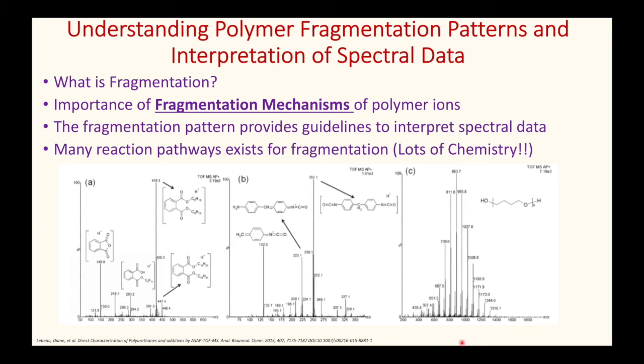So, here are a couple examples demonstrating the fragmentation patterns of various structures. And there's a couple things that I want you to recognize here. So this is the molecular ion. This is the heaviest ion for this spectrum. And when we go from this point to this point, you'll notice that there is a slight change in the structure.